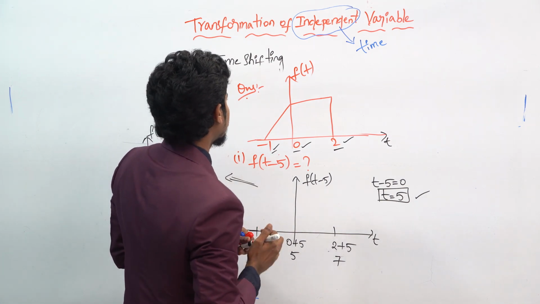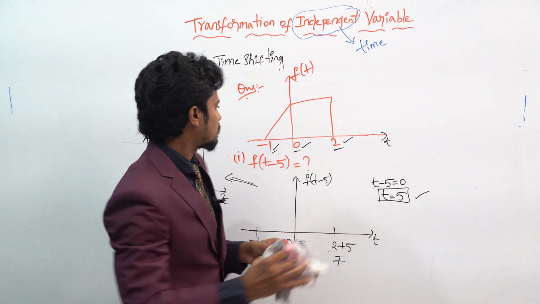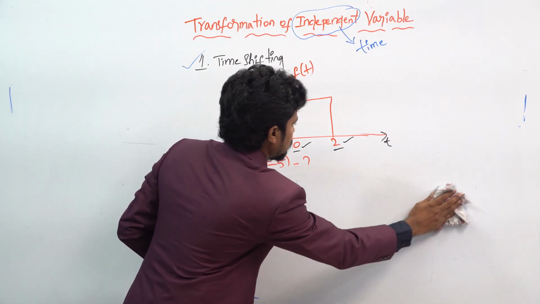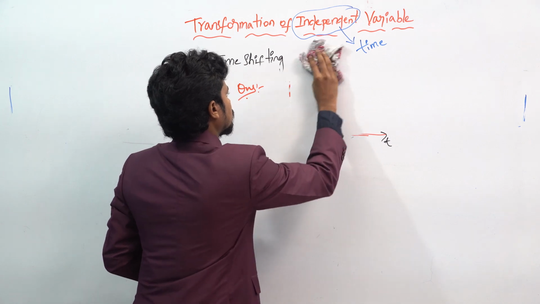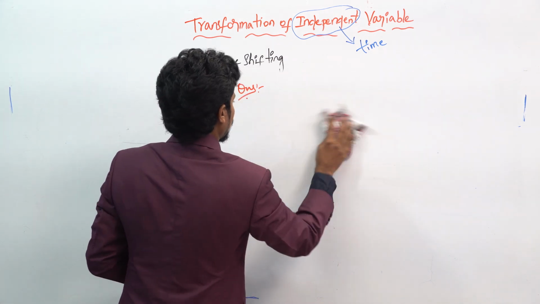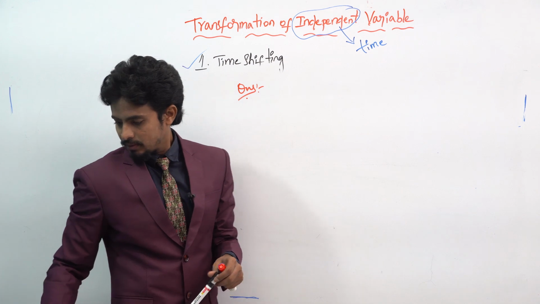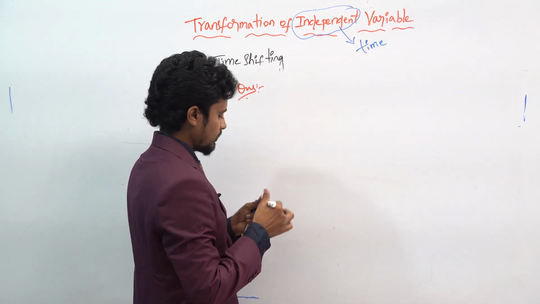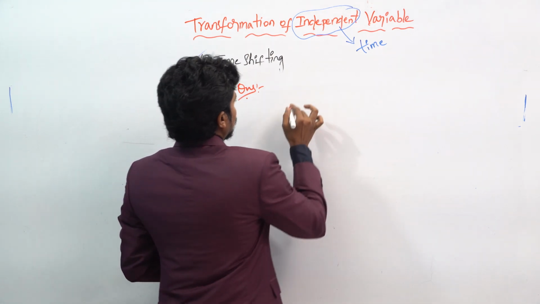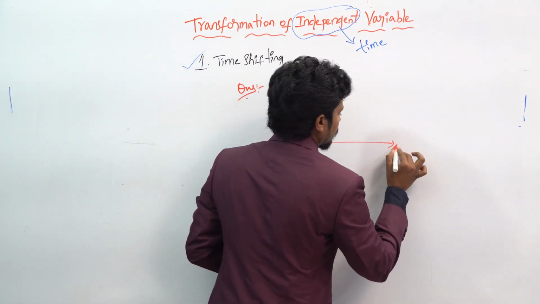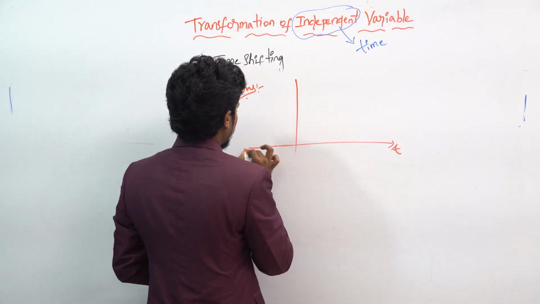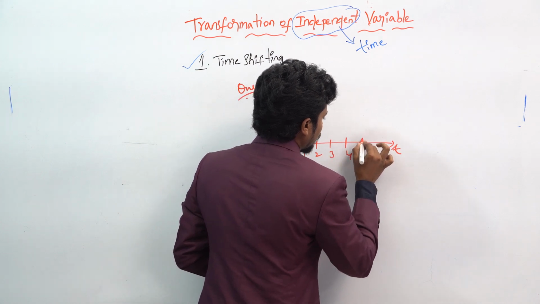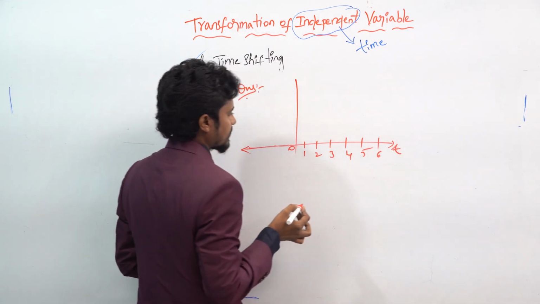Let's see one more question. Plot: this is t, here this is 0, and here 1, 2, 3, 4, 5, and here 6.